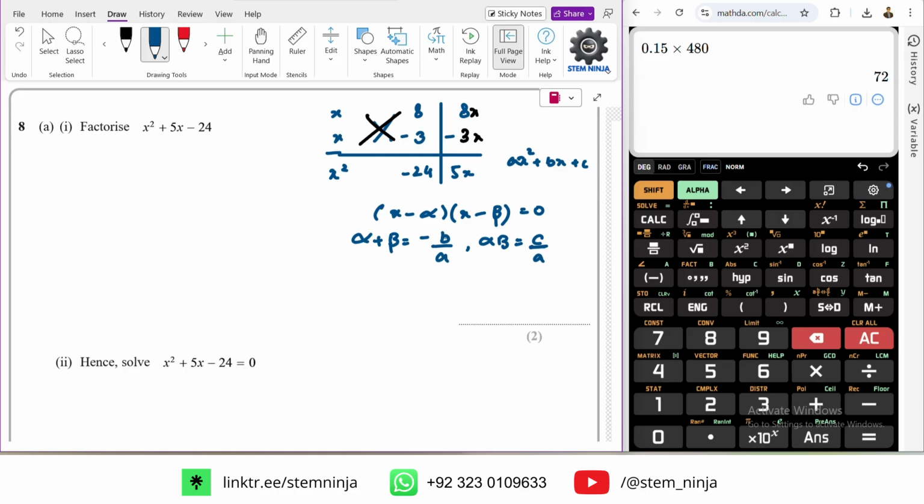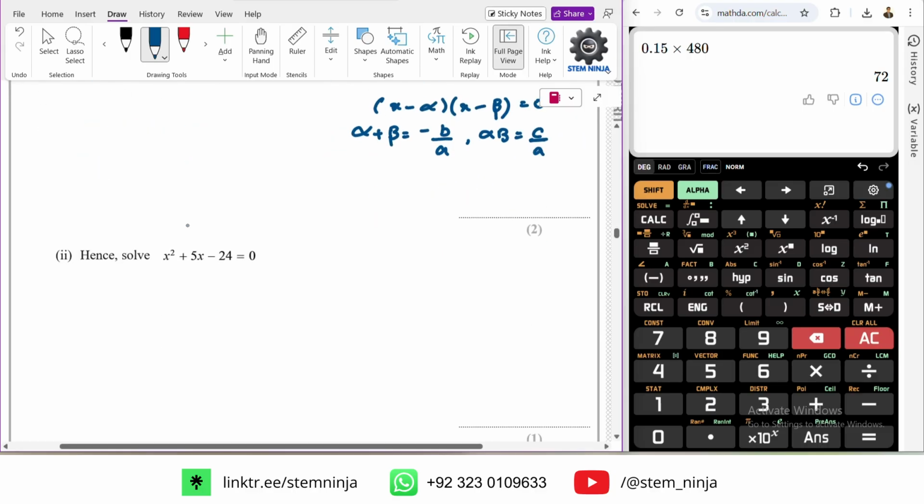So a sum such that this is equal to minus b, that is equal to minus 5, right? And the product such that it equals minus 24. So that's what we have basically. We just actually needed to factorize this. This is just x plus 8, x minus 3.